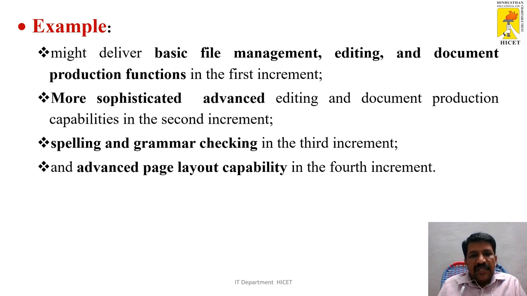The second increment will be more sophisticated editing and document production capabilities. The third increment will be spelling and grammar checking. And the fourth increment will be advanced page layout capabilities. Like this, you have to select the increments initially and we have to perform all the increments.